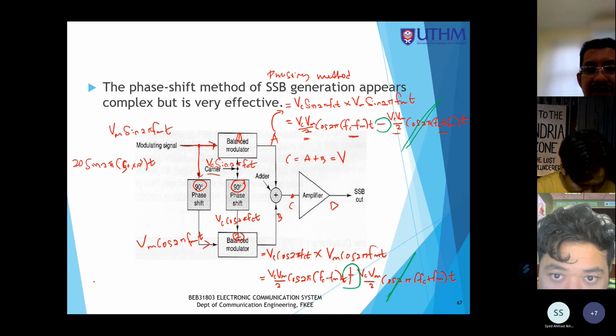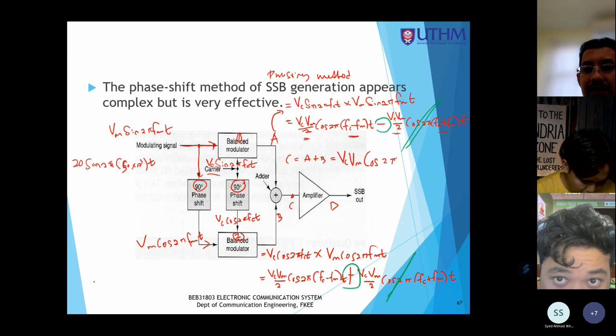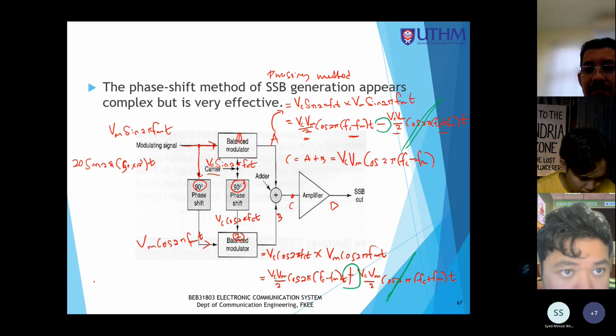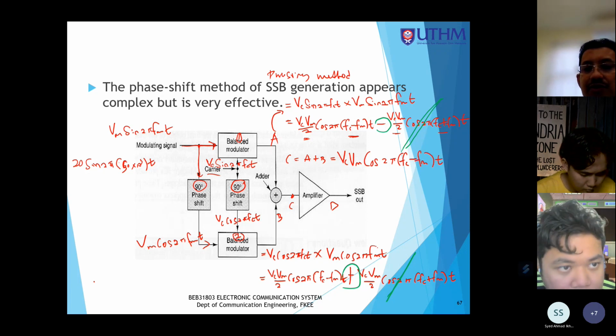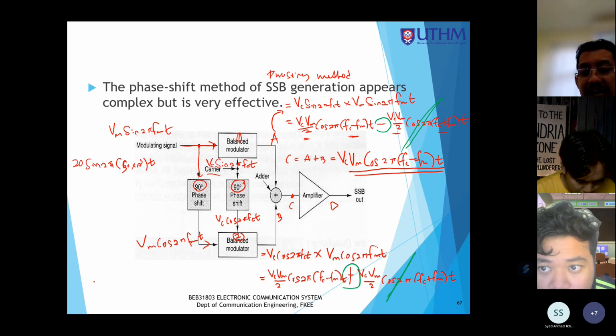So bermakna VC VM cos, kita akan dapat lower sideband dalam case ini, 2 pi FC minus FM T. Okay, so inilah yang terhasil pada point C. Kita akan dapat lower sideband, LSB.